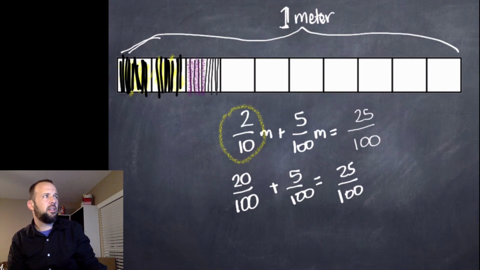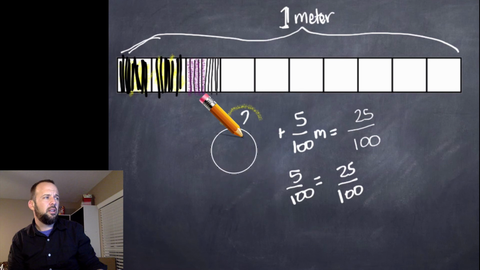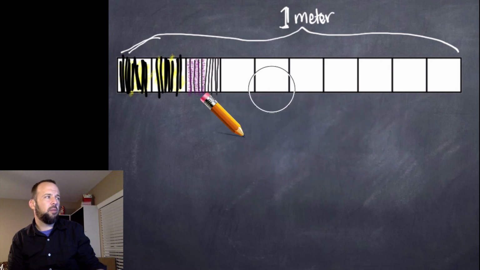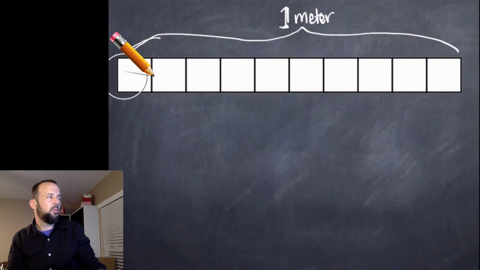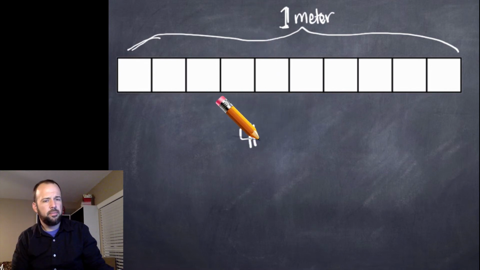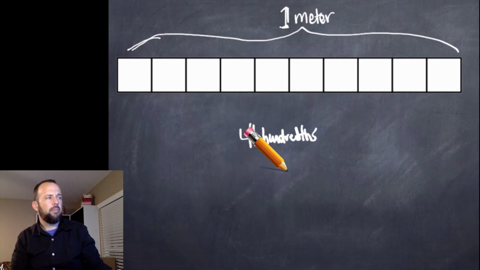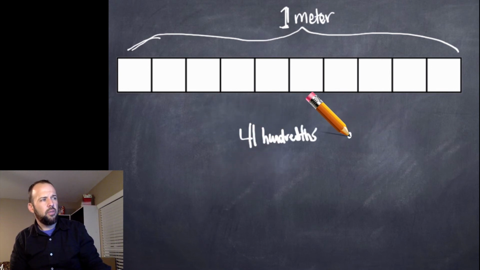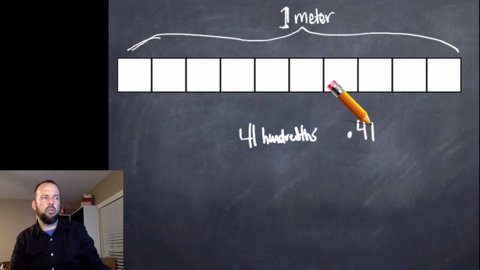Okay, let's do one more of these because this could be kind of trickier to wrap our heads around, but I think most of you are probably getting this pretty quick. Let's say I had 41 hundredths. I'm going to write it here as a decimal: 41 hundredths, because my 1 is in the hundredths place.